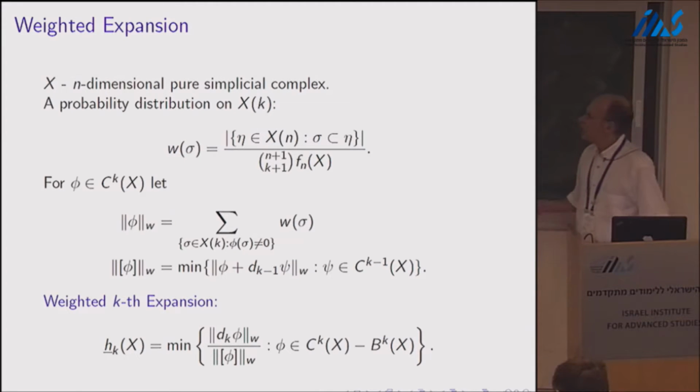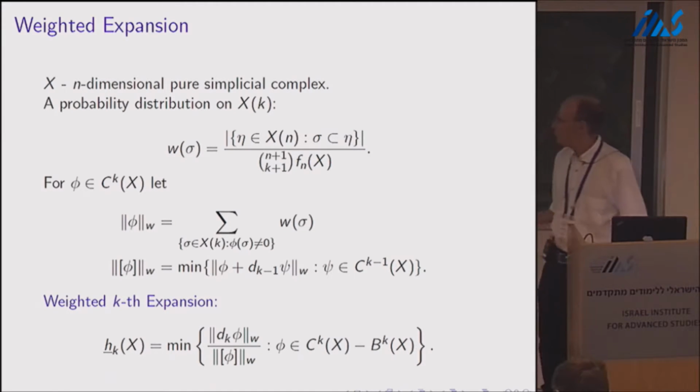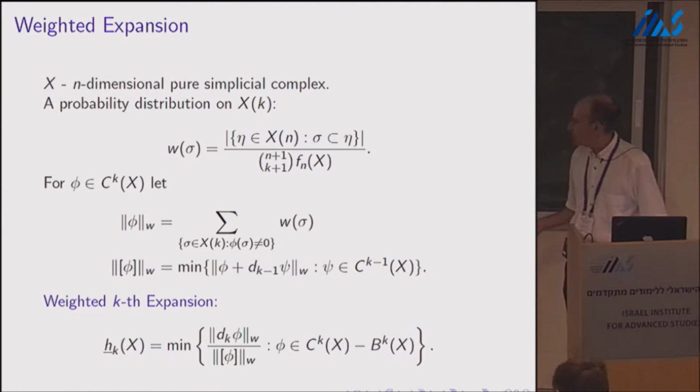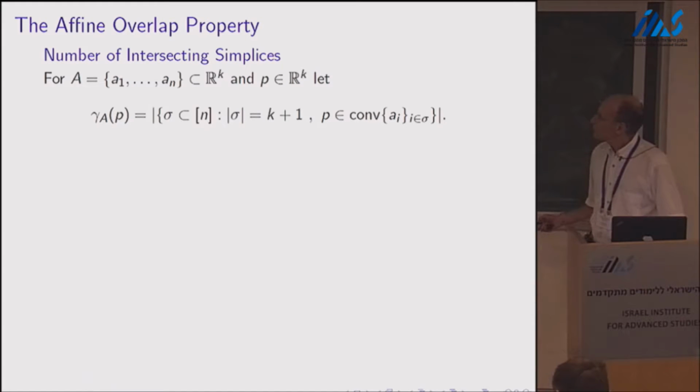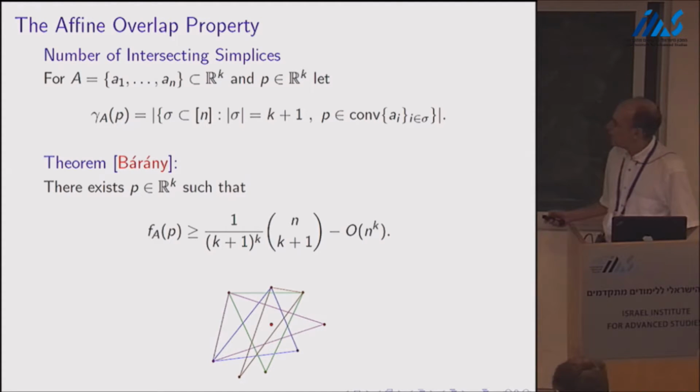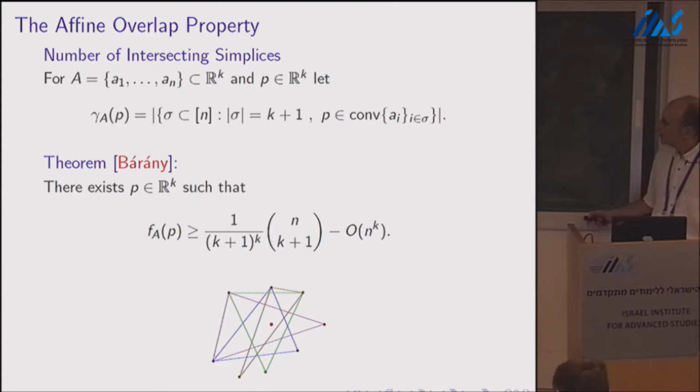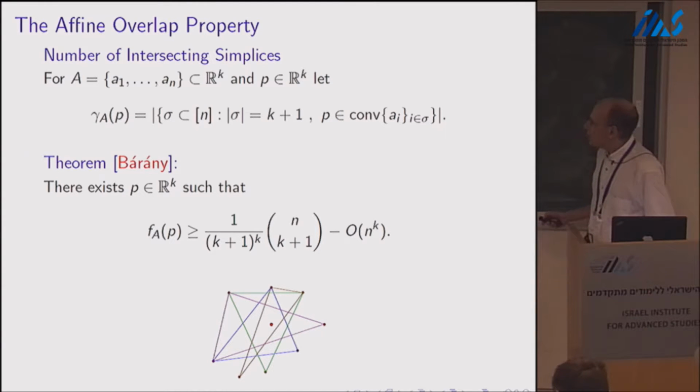And now to the geometrical motivation for the definition of this expansion. And this is actually a beautiful story. Suppose that we have n points in space, in R^d, in R^k, and now we form k-1 simplices, and we want a point that will lie in many such simplices.